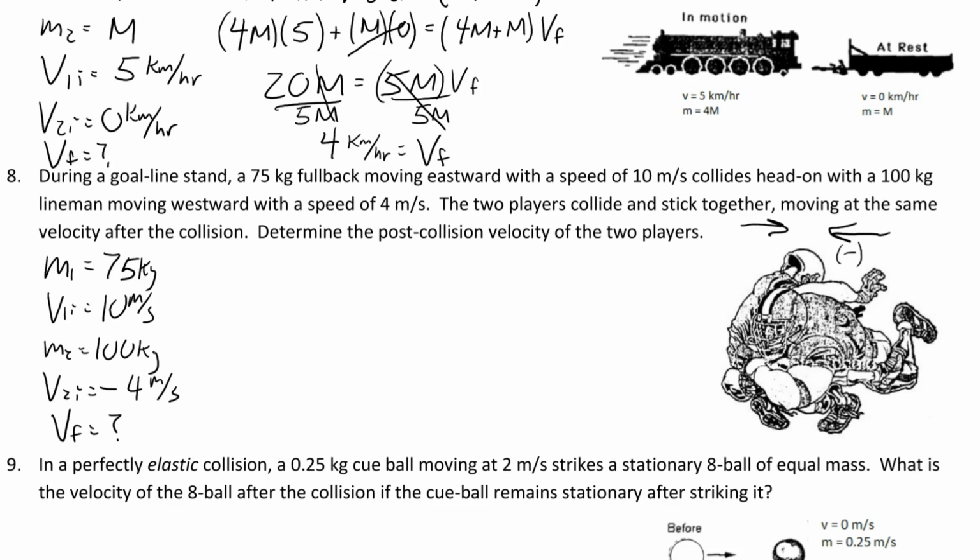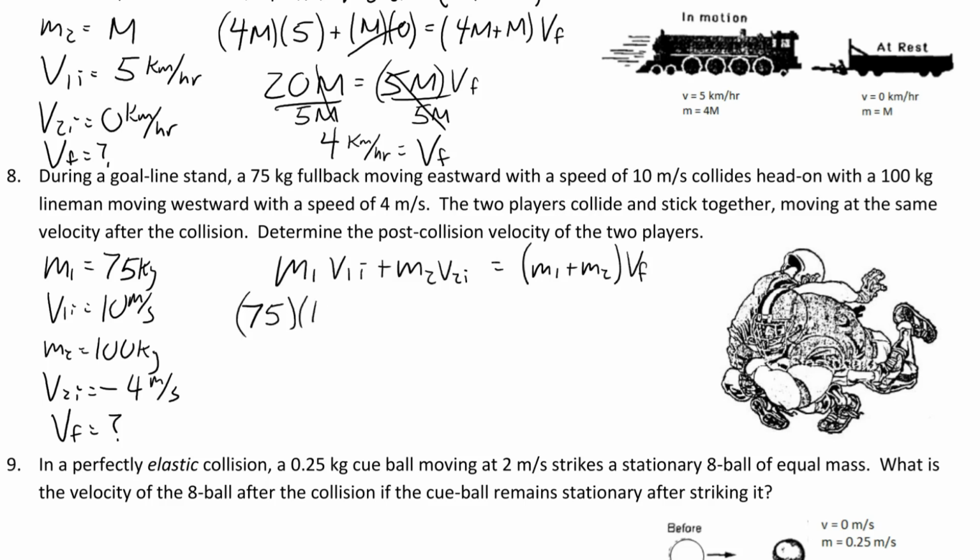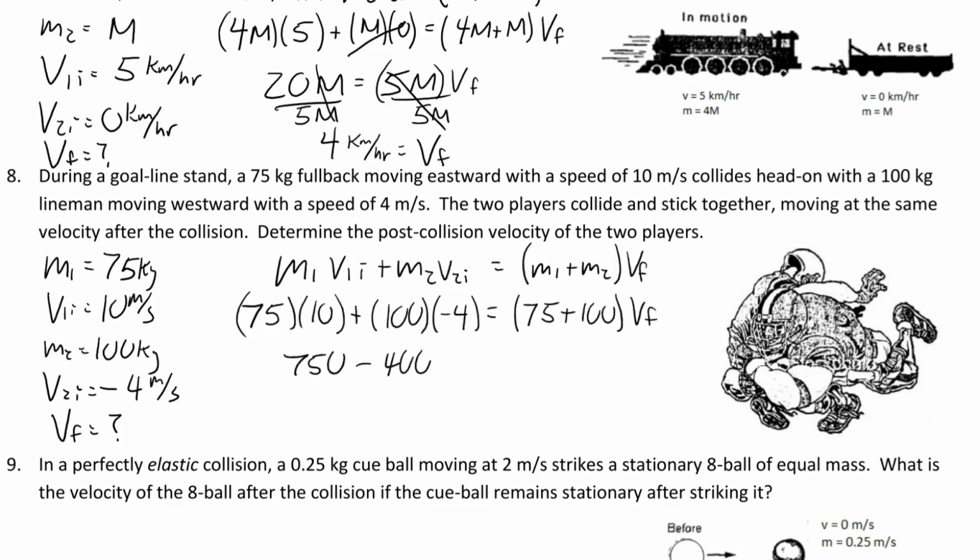So you write your equation. You substitute in your numbers. So 75 times 10 plus 100 times -4 is equal to 75 plus 100 times VF. And now you could solve. 750 minus 400 is equal to 175 VF.